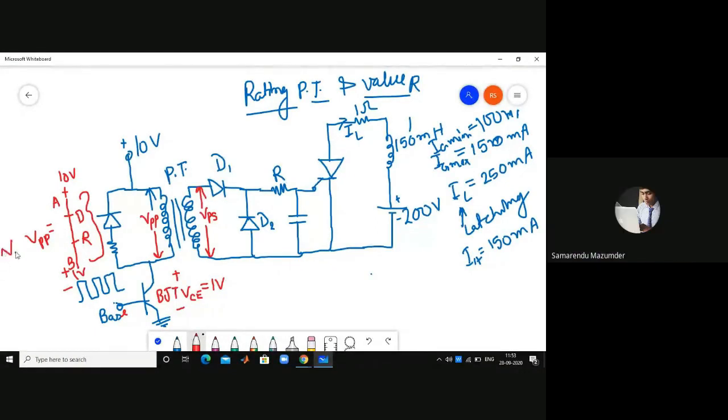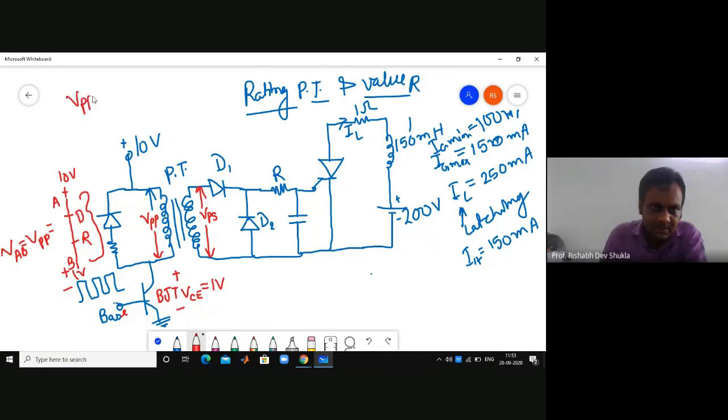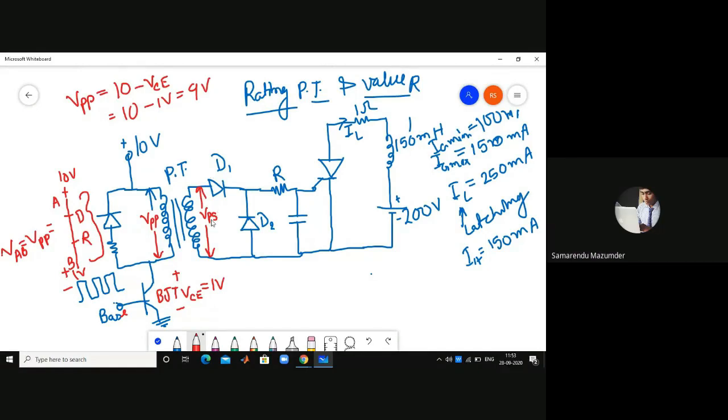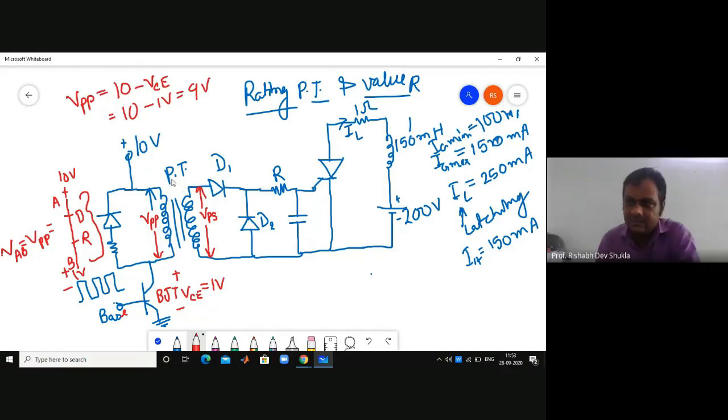It is 9 volt. VPP is equal to 10 minus 1 volt, that is 9 volt. Because the pulse transformer is 1:1 ratio, it is only used for isolation purpose. So that means VPS is also 1/1 into 9, that means 9 volt.